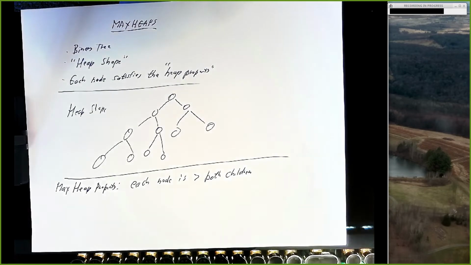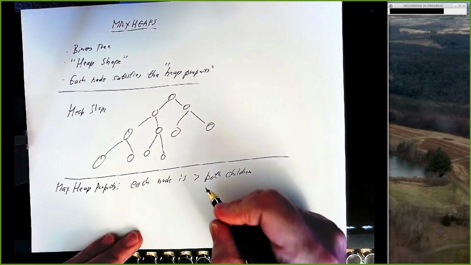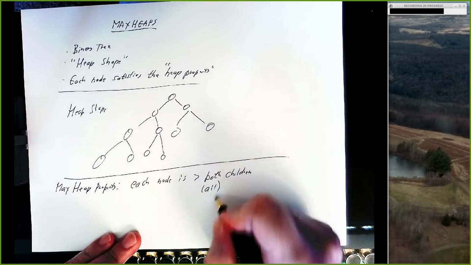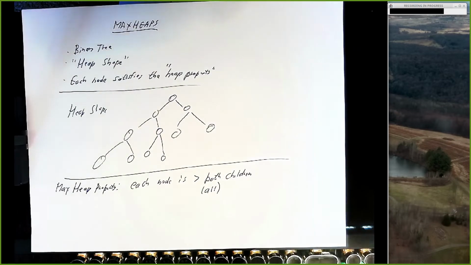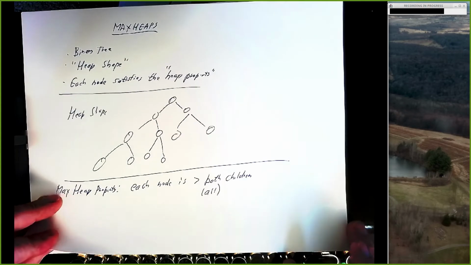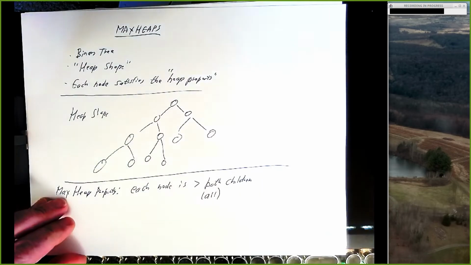If it has two children, it's bigger than both. It's bigger than its only child if it has one child. If it has no children, it automatically satisfies the heap property. So I'll just put all in parentheses. The max heap property says each node is bigger than its children. All right, that's all you need to be a heap.